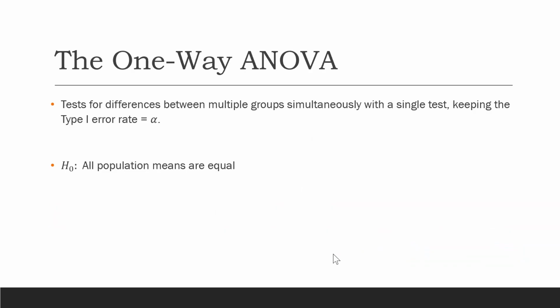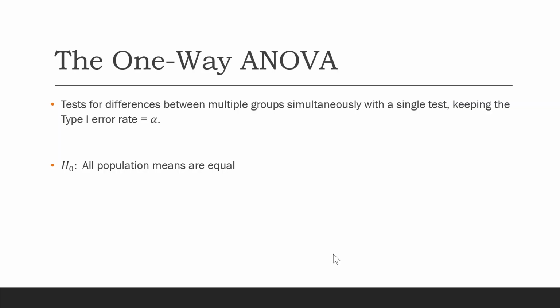The null hypothesis is going to look very similar to the null hypothesis when we have a 2-sample or independent samples t-test. But now we're going to start writing our null and alternative hypotheses in words instead of all of the symbols, because there's a lot more symbols here. And a lot of times it's easier to write it in words.